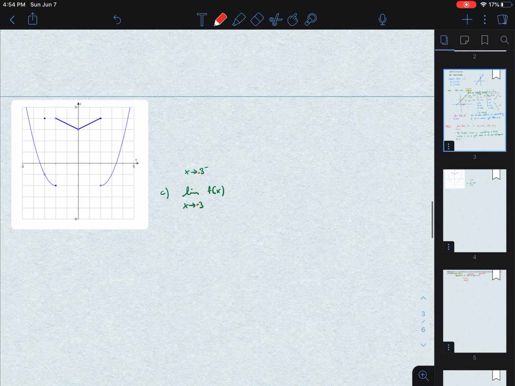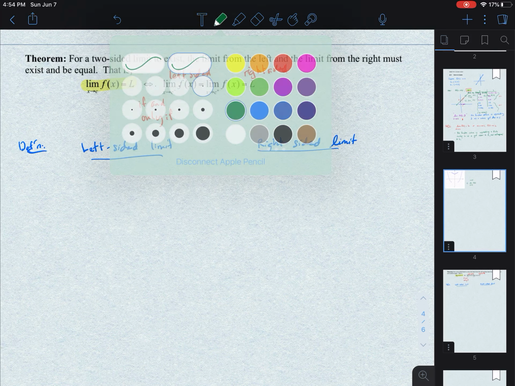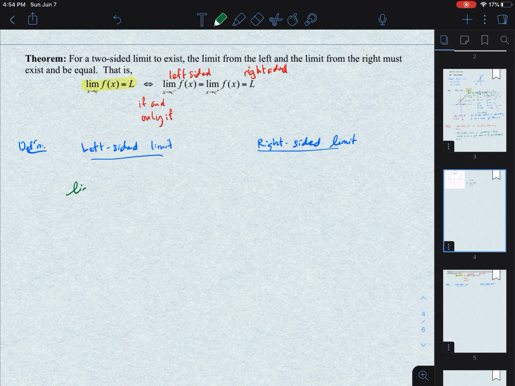Let's go back and introduce this definition: the left-sided limit and the right-sided limit. Notation-wise, we have the limit of the function f of x as x approaches some constant c.